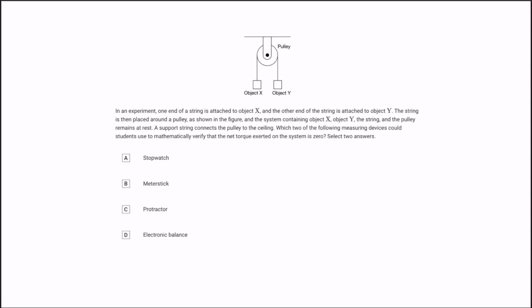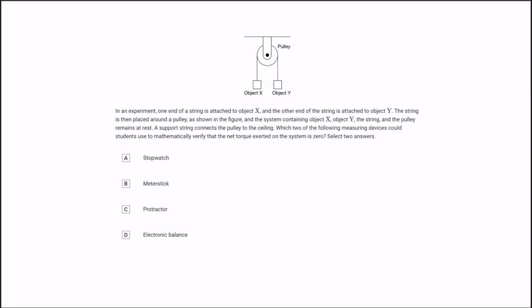So in an experiment, one end of a string is attached to object X, which we see here, and the other end is attached to object Y, which we see here. The string is then placed around a pulley as shown in the figure. And the system containing object X, object Y, the string, and the pulley remains at rest. So it's in static equilibrium.